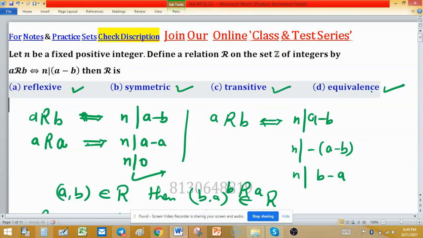So all four options are true. Some students may make a mistake here.